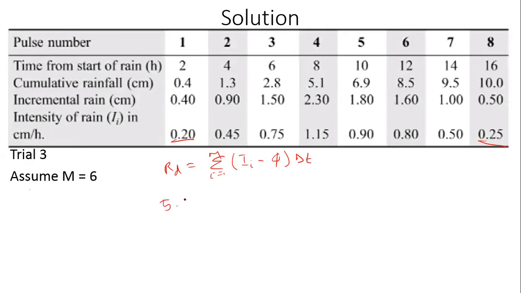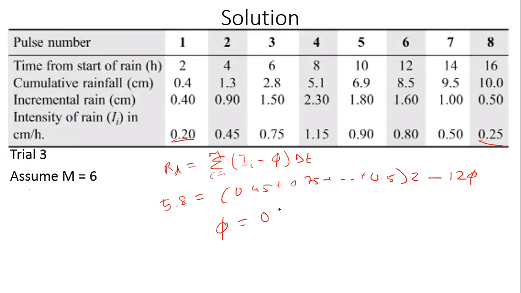So it will be 5.8 equal to 0.45 plus 0.75 plus so on and so forth plus 0.5 times 2 minus 12 phi. By this time I don't want to bore you with it. So it's a simple equation. I get phi equal to what do I get? I get phi equal to 0.273.